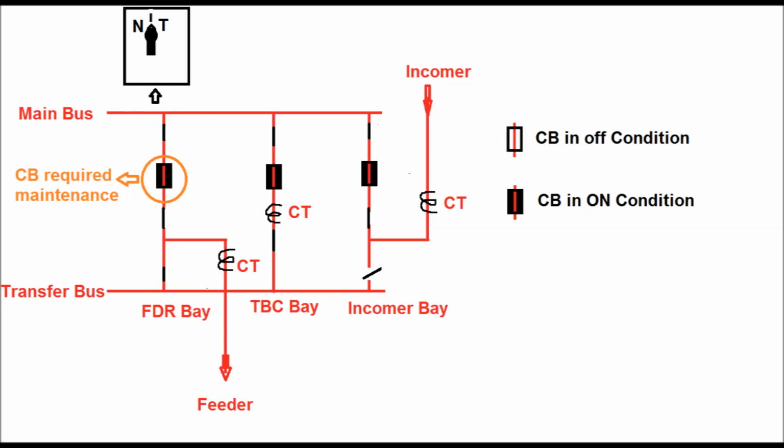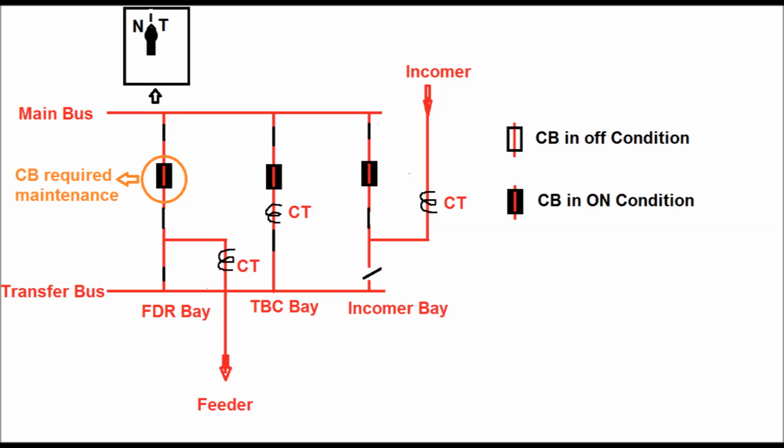So first, the NIT switch should be kept at the normal position to close the circuit breaker of the TBC bay. Before closing the circuit breaker of the TBC bay, we have to first close the 89T or transfer bus side isolator, the TBI isolator, of the feeder bay. Then we have to close the bus side isolator and the transfer bus side isolator of the TBC bay, as shown in this diagram. Then we have to close the circuit breaker of the TBC bay.